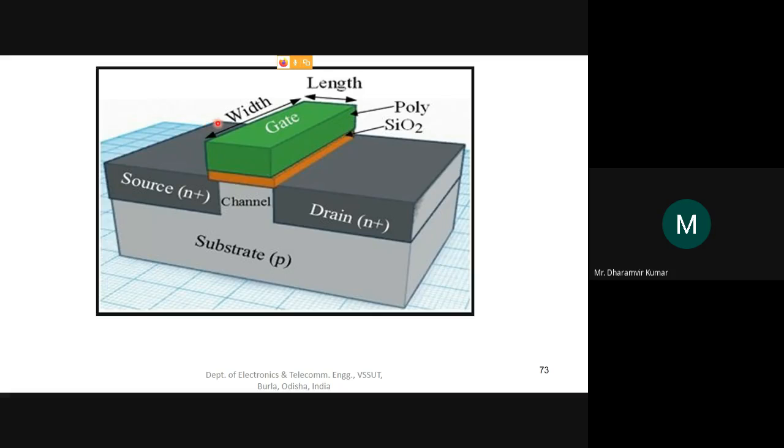In this case, the width of the source is same as the width of the gate or the width of the channel, that is also same as the width of the drain. But we are not here concerned about the length and the width of the drain and source. Basically, we are more concerned about the length and width of the gate or the channel. That is the point of focus here.